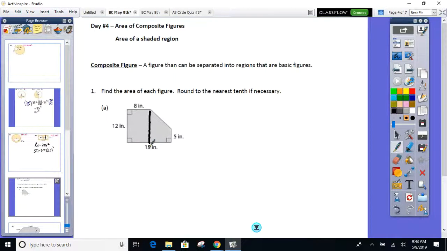We got it now. So what'd you divide it up into? You divided it up, so I'm assuming you would have been like, all right, I got a rectangle and a trapezoid. Yep.